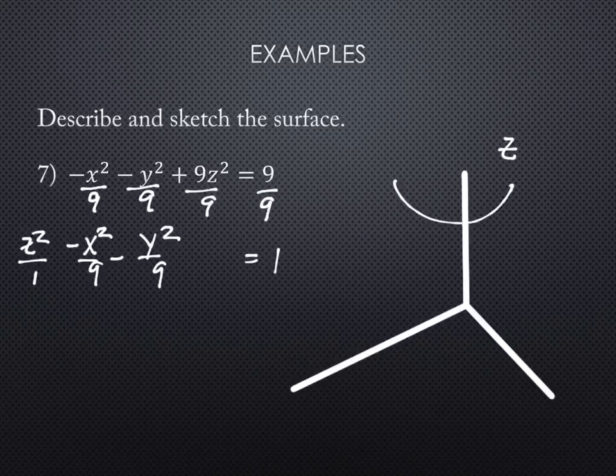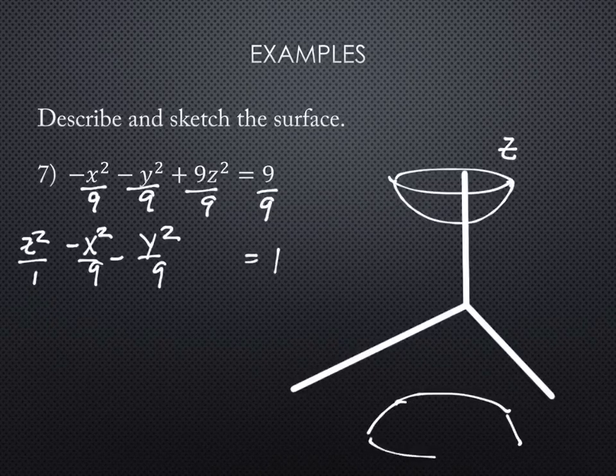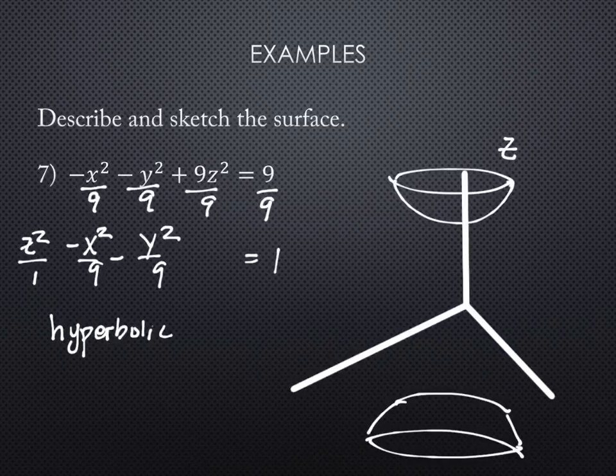And I have these sort of bowl shapes occurring above and below. They should look like they're the same size, and mine don't, but that's the way it's going to go today. And like you told me, it's a hyperboloid of 2 sheets.